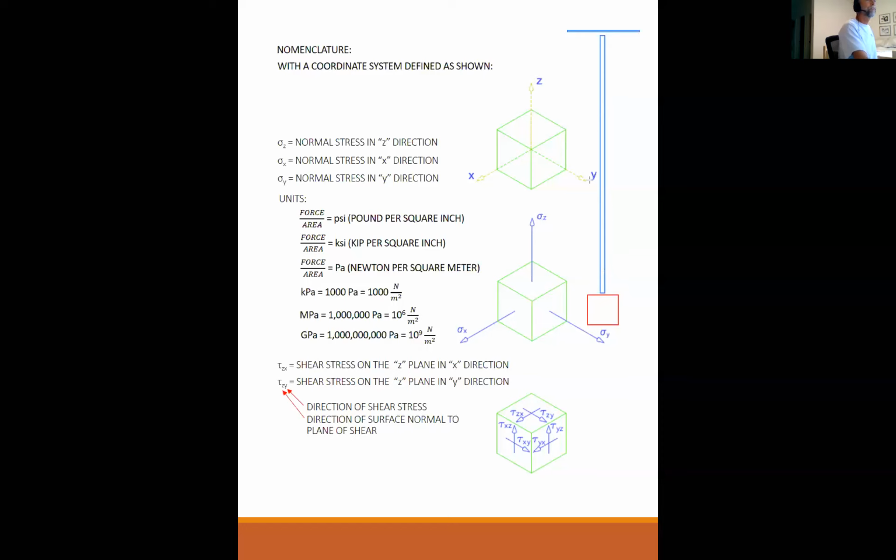It's just pure tension. If I cut it open right here and looked at it, you would find a normal stress in this rod equal to this force divided by the area of the rod. So all you have is just normal stress. Okay, so far so good?